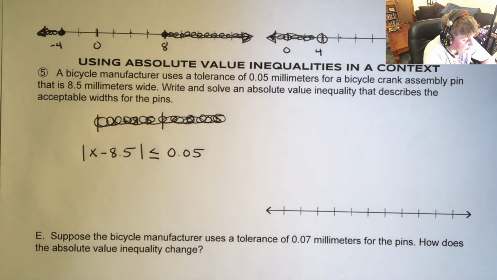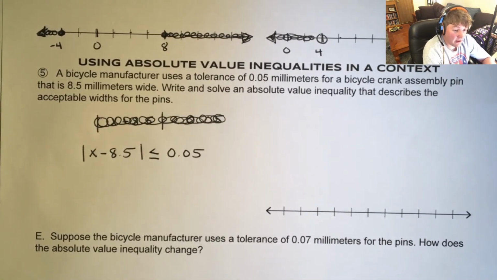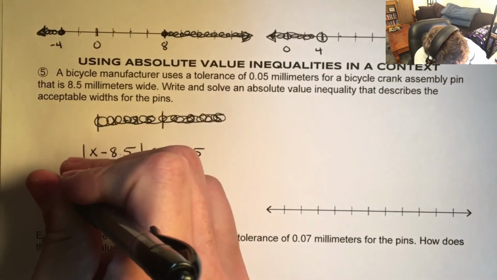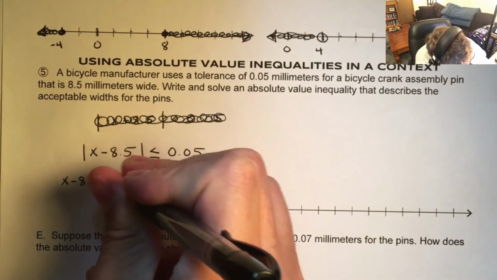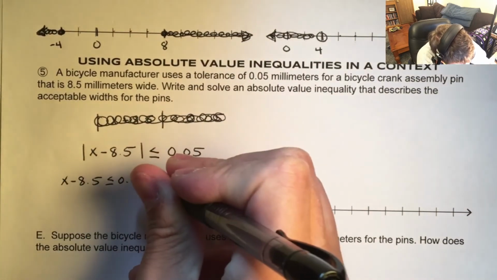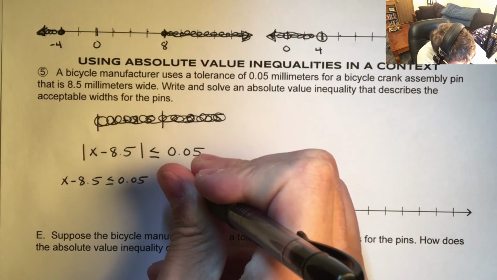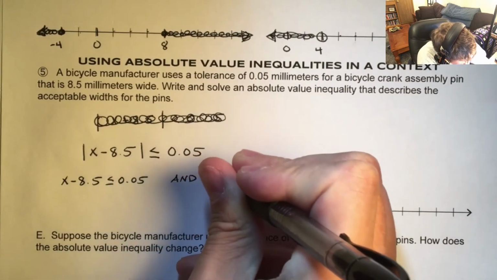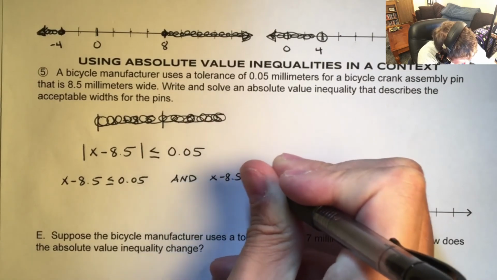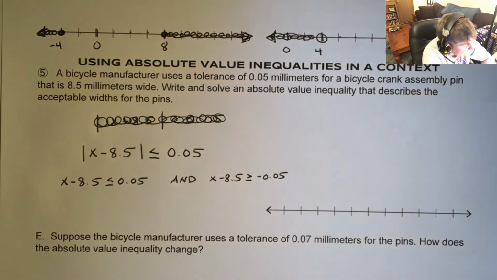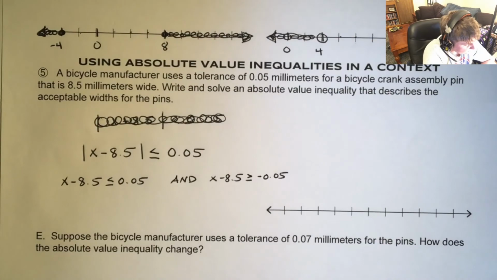Okay, so using what we know about absolute value inequalities, let's go ahead and solve this. I know that x minus 8.5 is going to be less than or equal to 0.05, and x minus 8.5 is going to be greater than or equal to negative 0.05. Okay, so let's solve.